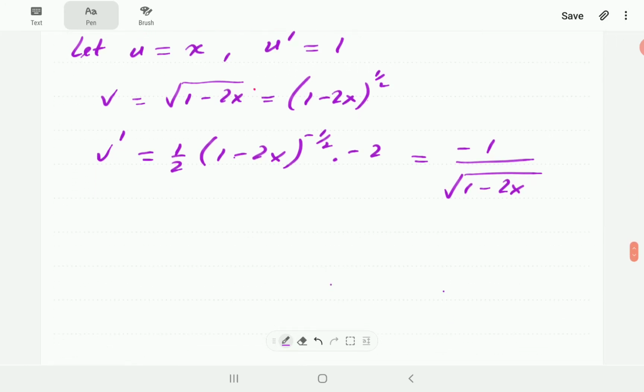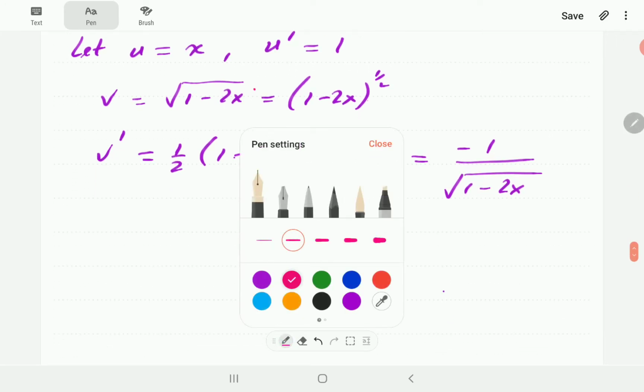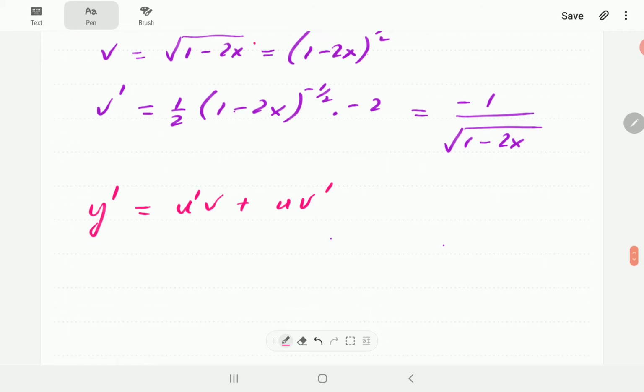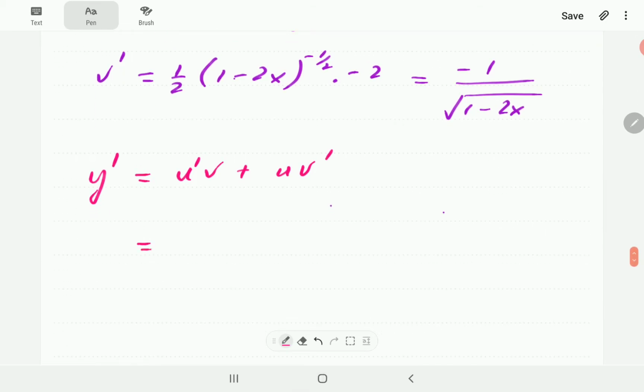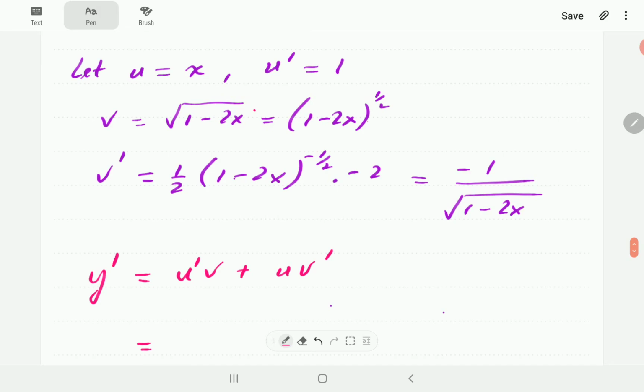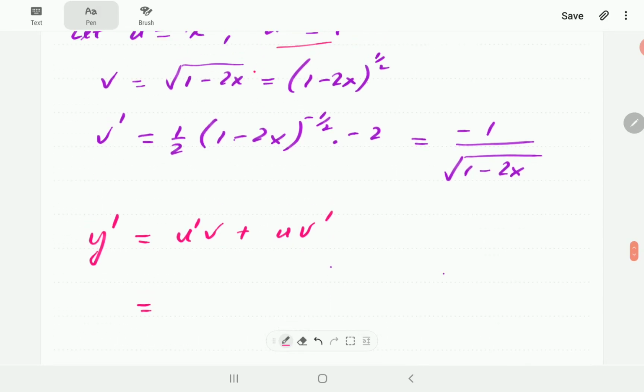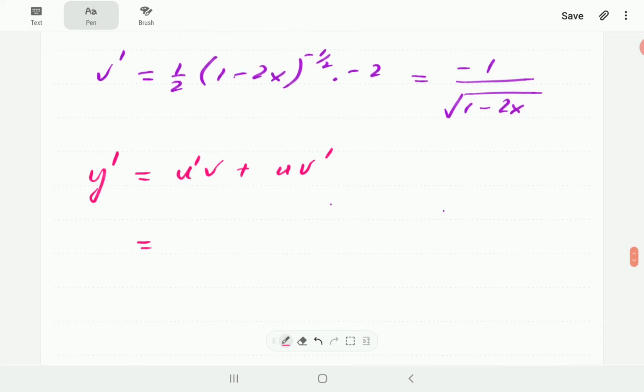Okay, so from this, it means by the product rule, y prime is going to be u prime v plus u v prime. u prime is 1, and v is just that square root there.